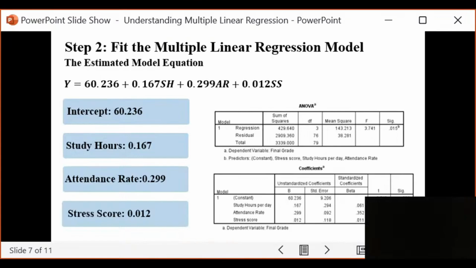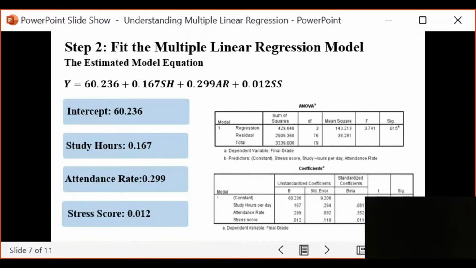So kung makikita natin, comparing the three, ang significant predictor of final grade is attendance kasi less than 5% yung p-value. And the other two, study hours and stress score, have p-values of greater than 5%.